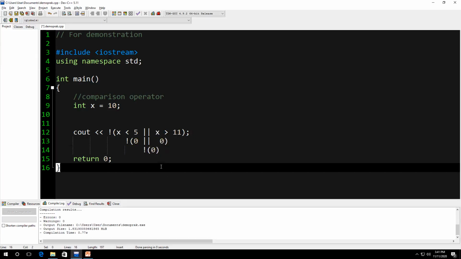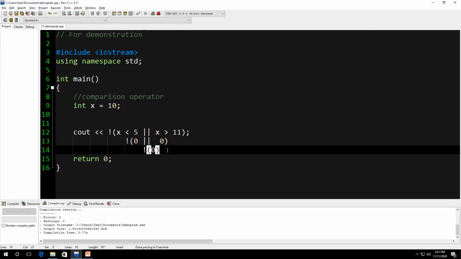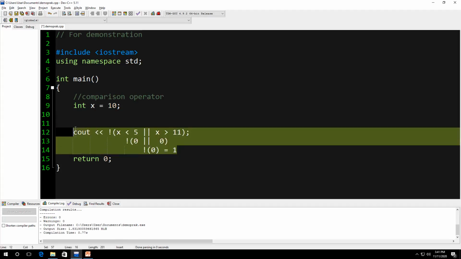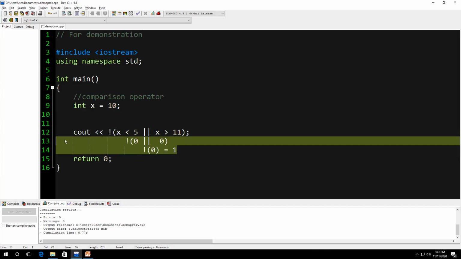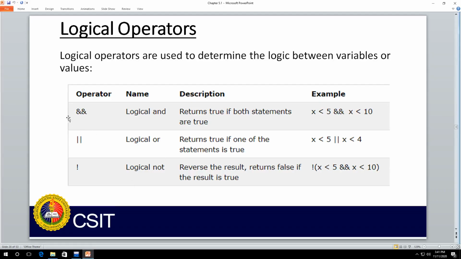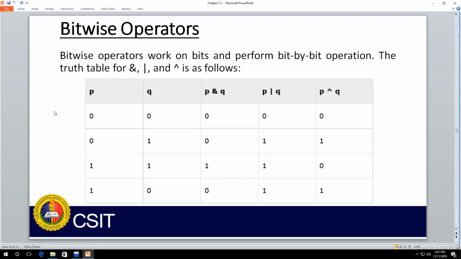So NOT false is equal to true, which is equal to 1. So it will just reverse your result if you put NOT on it. So that's your logical operators.